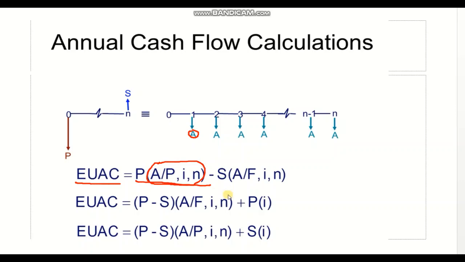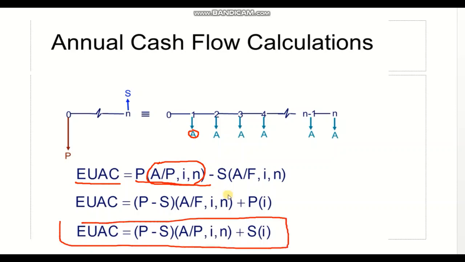And also if we manipulate it, it's gonna be P minus S times A over F, i, n, which is the future to annual cash flow uniform coefficient, plus the present worth multiplied by the interest rate. And also the last formulation: these three formulations are the same thing.